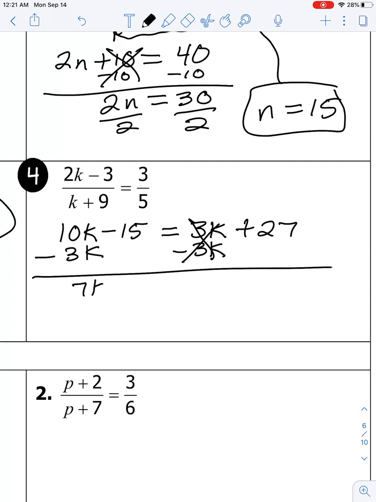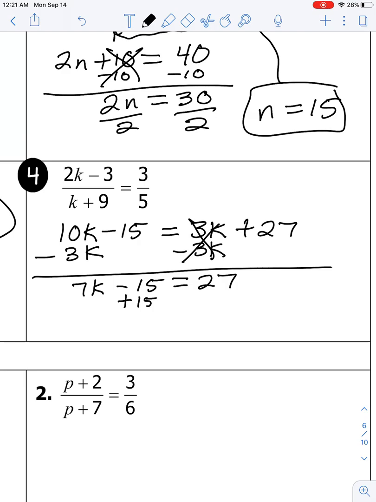And 10 minus 3 is 7k minus 15 equals 27. So as we can clearly see, now we're down to a 2-step problem. Once you move the letter to one side, and you get to choose which side you do it, it basically becomes a 2-step problem.